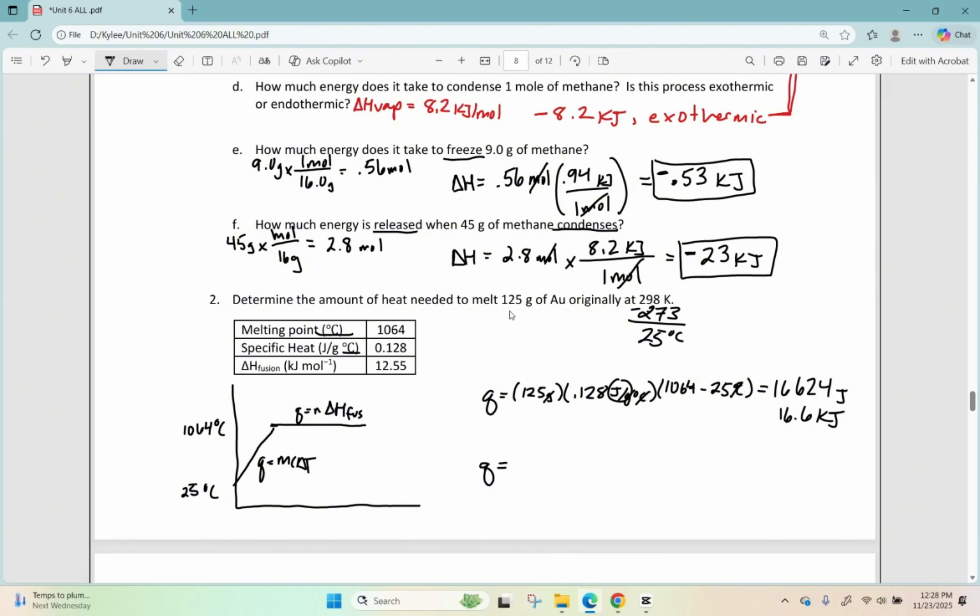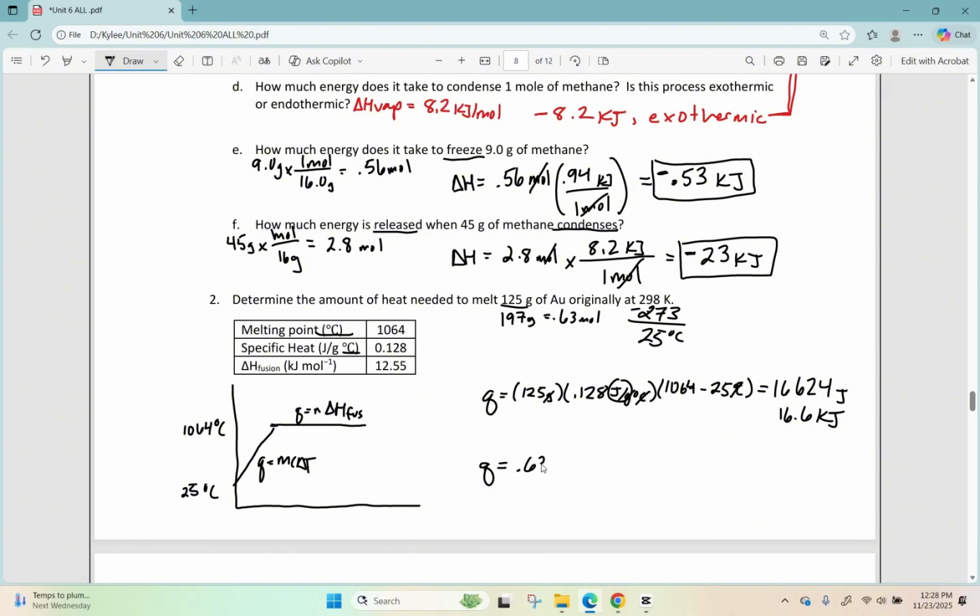Next, I'm going to do the part for the melting, which is going to be moles times the heat of fusion. I need to first figure out how many moles this is by dividing the 125 grams by 197. That is the molar mass of gold. So if I divide 125 by 197, I get 0.63 moles.